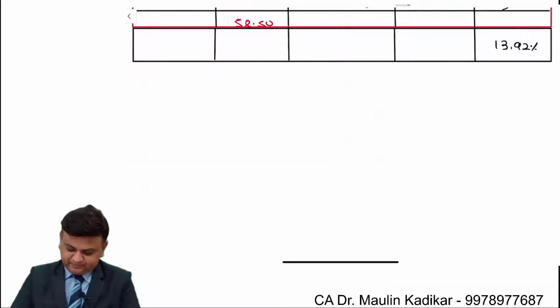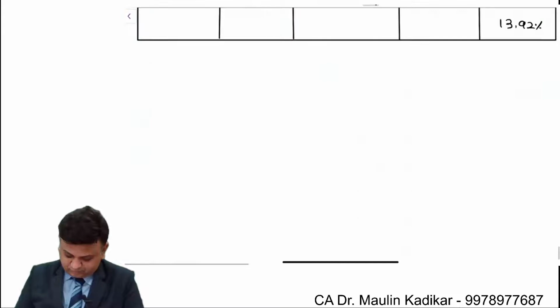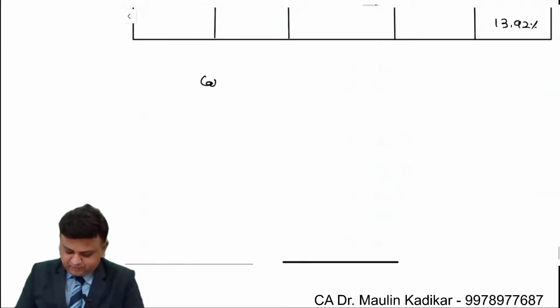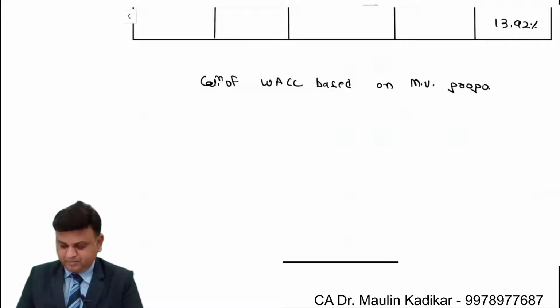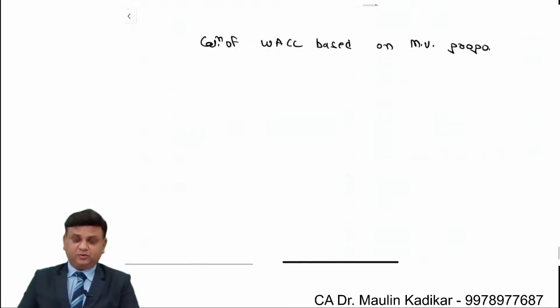So let me write the heading: calculation of weighted average cost of capital based on market value proportion. That is what we are required to do.